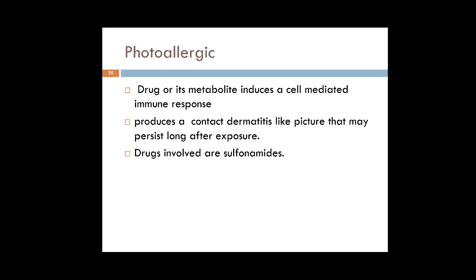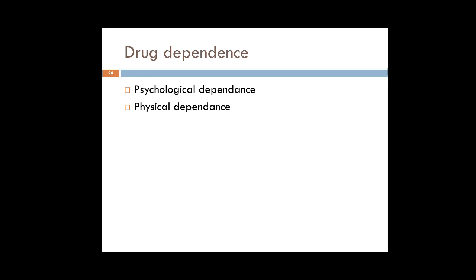So they produce a particular allergic response at the site where they are wearing that ornament. That is called contact dermatitis. So a photoallergic reaction is a contact dermatitis-like picture that may persist long after exposure. And the drugs causing this kind of reaction are sulfonamides.